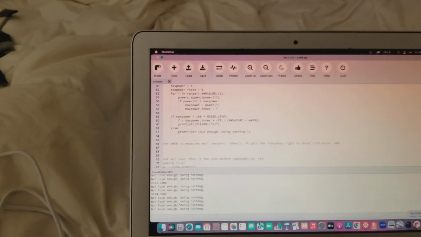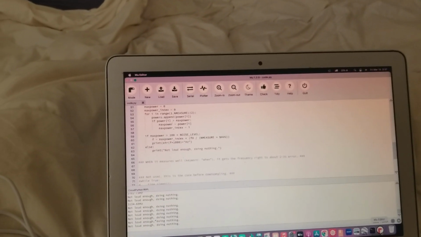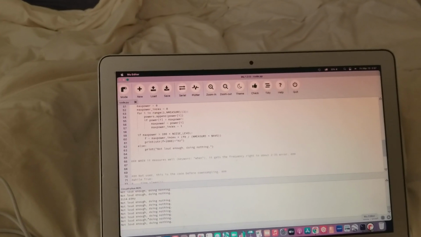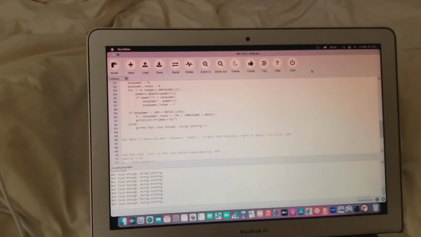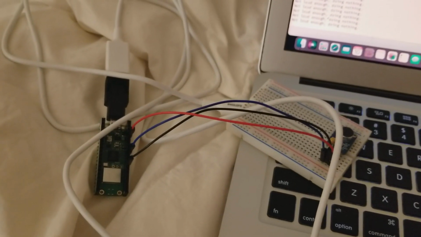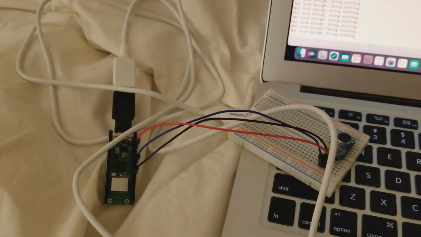A little bit lower than expected, but still kind of close to 3200 hertz. It seems like the error increases with higher frequency. But this concludes the demonstration of the circuit. Thank you very much.